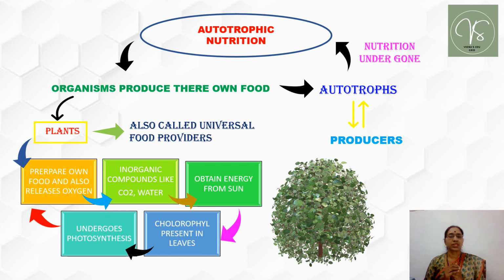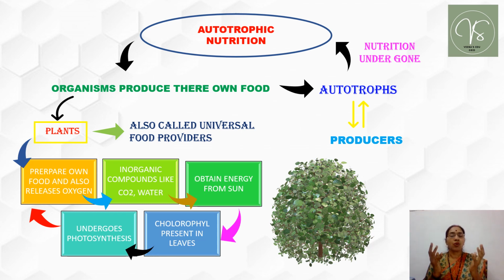And through this process, they also release oxygen into the atmosphere. So photosynthesis is a very important process which occurs only in the plants, and hence plants are also known as universal food providers. They provide food to millions of animals and to the human beings.